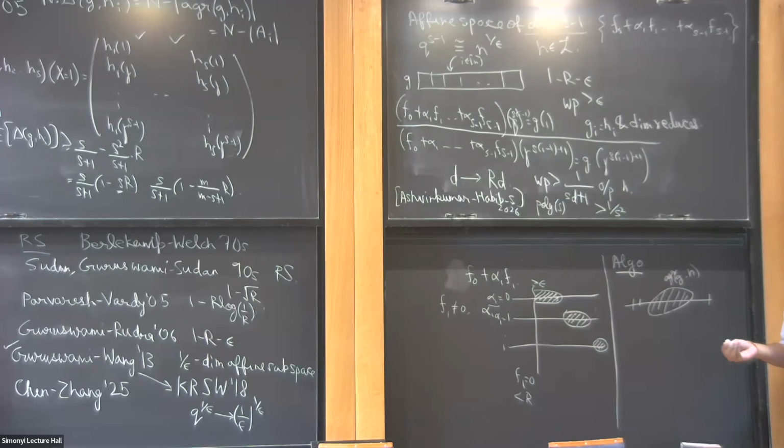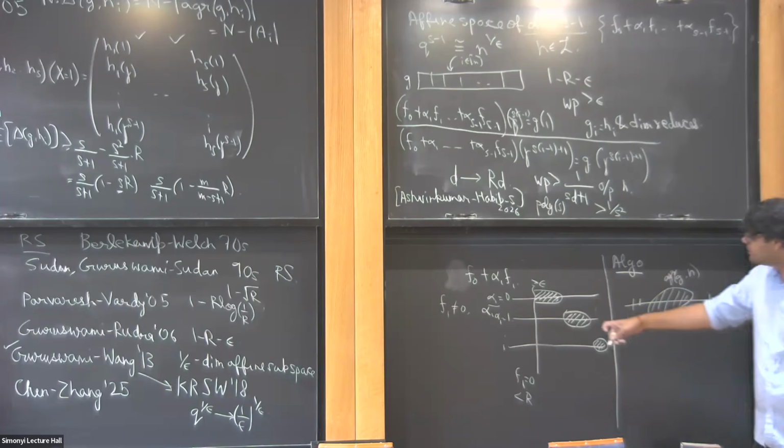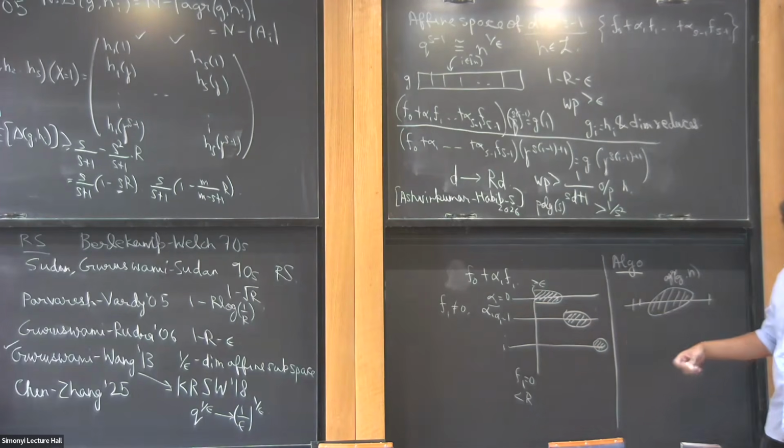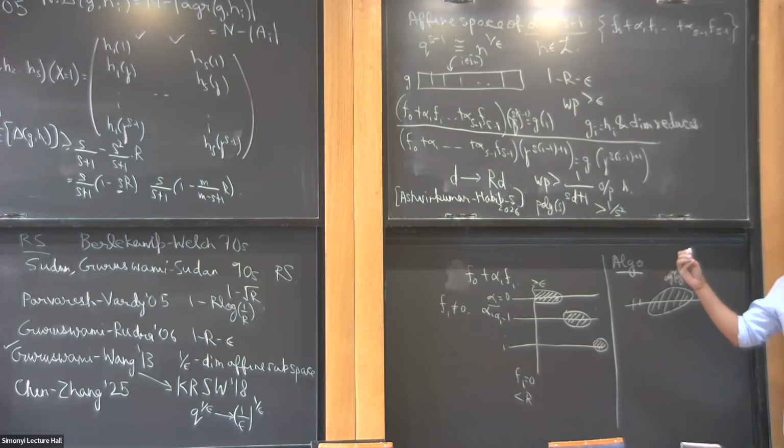It might not correspond to a real list code word. What will it correspond to? It will be some assignment to alpha 1 through alpha s, but it might not be something that is close to G. Because the space that we are searching over, most of it is far from G. We're starting from this n to the 1 over epsilon search space, and we are going down to 1 over epsilon. So most things are bad. We need to get to the right thing.